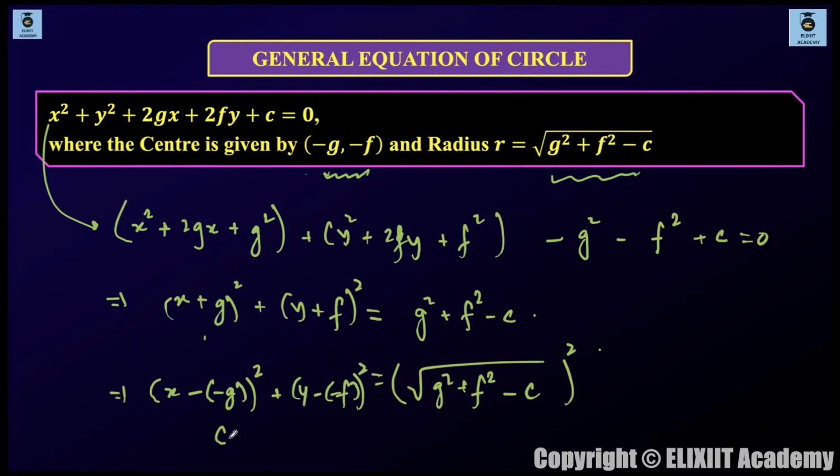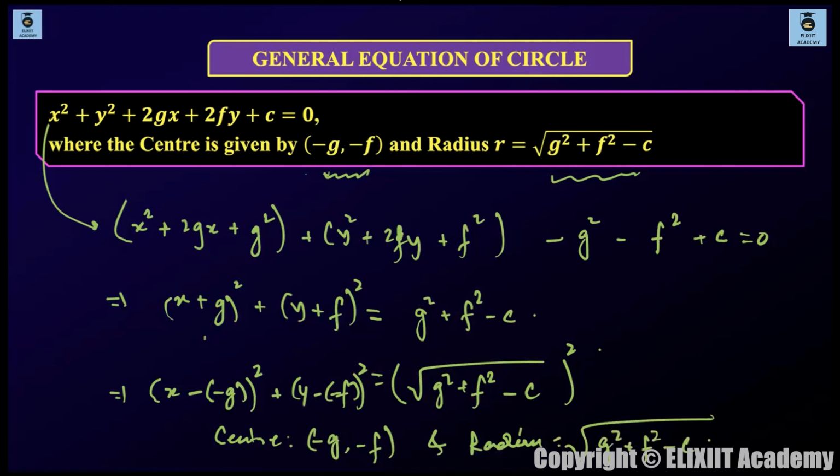So what is the center? Can you compare? The center is minus g comma minus f. And the radius is the square root of g square plus f square minus c. Got the logic?